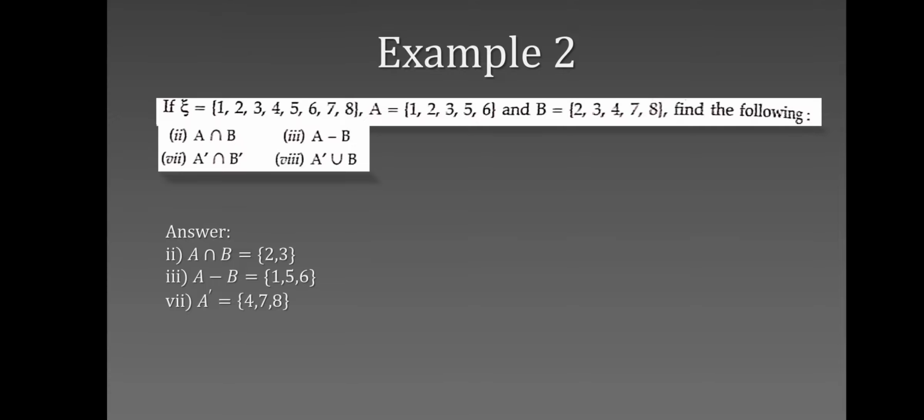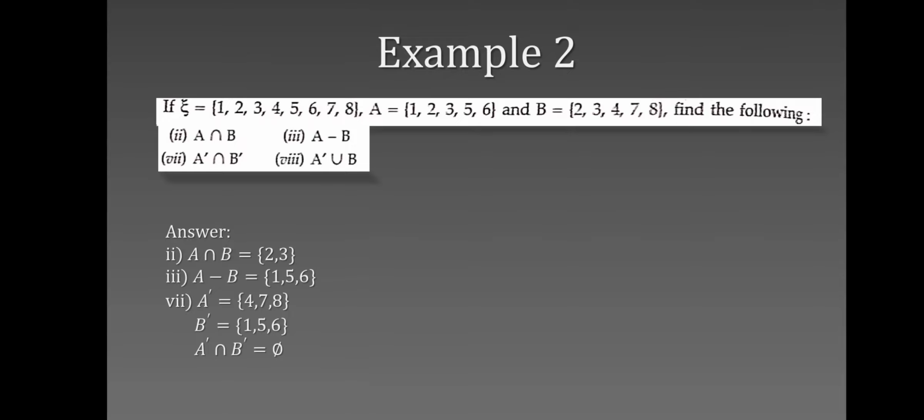So that is your A complement. Similarly, B complement is exactly what you have to do for B as well: not in B but in the universal set. And then you take A complement intersection B complement. So you can see there is no common element between A complement and B complement, and hence their intersection is null.